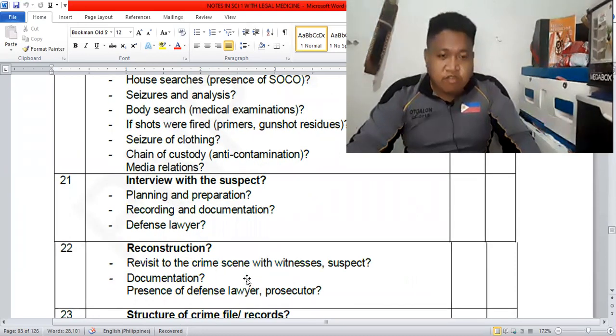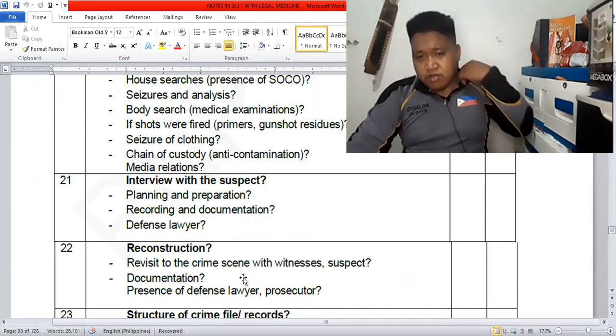21, interview with the suspect. Planning and preparation, recording and documentation, and in the presence of his lawyer.